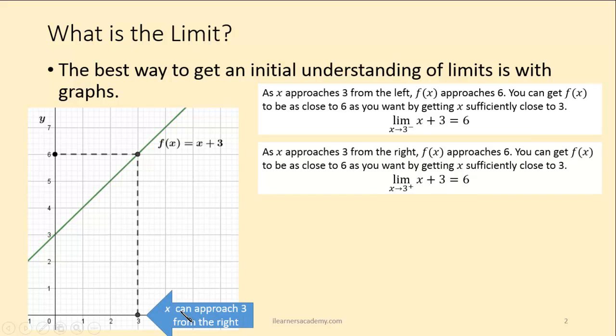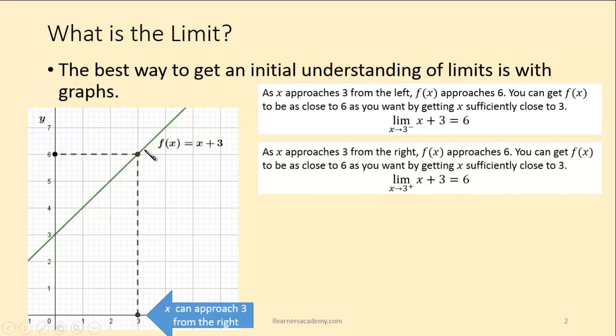Values of x can also approach 3 from the right. If you observe carefully, you can see that as x gets closer and closer to 3, f of x is also getting closer and closer to 6. What we have here is called the right-hand limit. The limit of this function as x approaches 3 from the right is equal to 6.